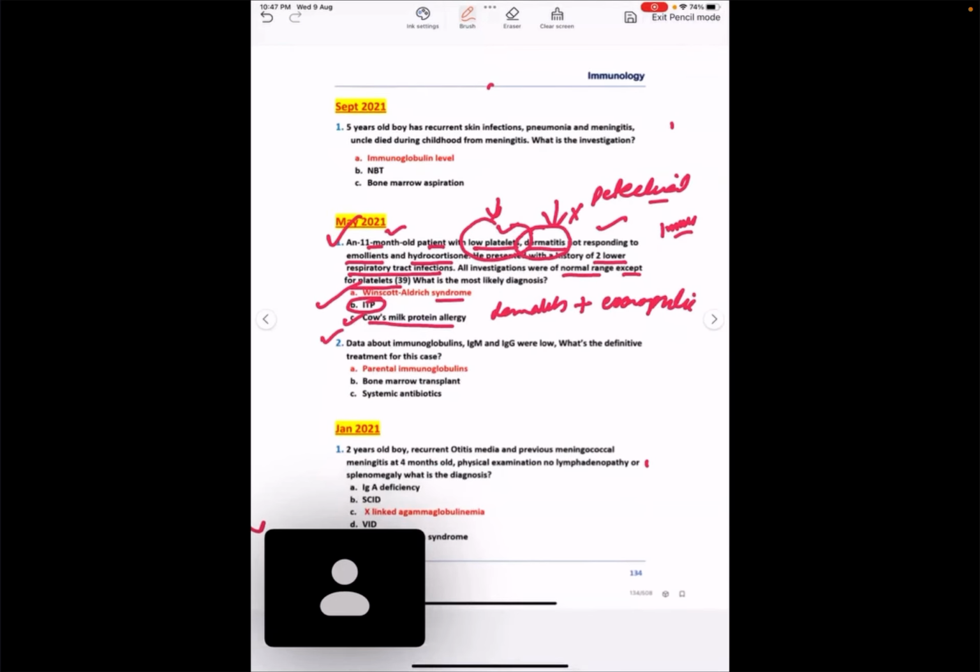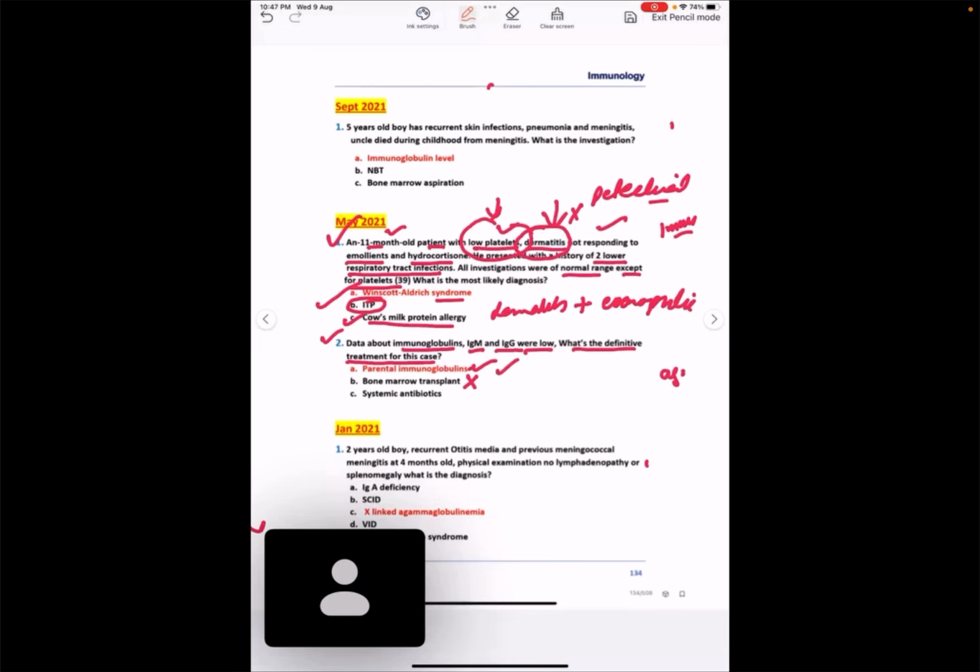Data about immunoglobulins M and G, they were low, like they are talking about agammaglobulinemia. What is the definitive treatment for this case? Definitely, that is parenteral immunoglobulins. Bone marrow transplantation is not the treatment for X-linked agammaglobulinemia. In X-linked agammaglobulinemia, what is the treatment?